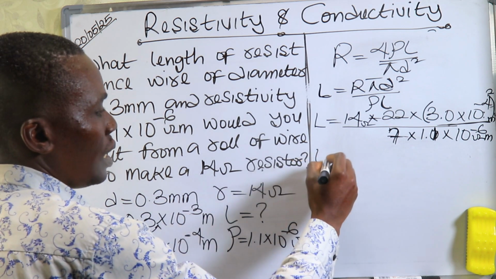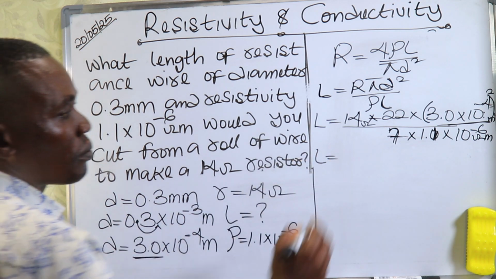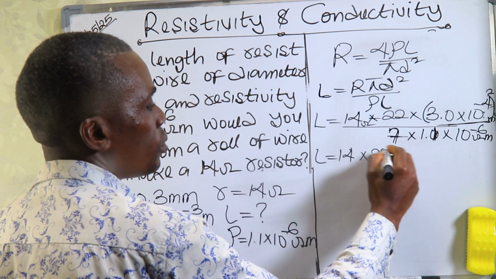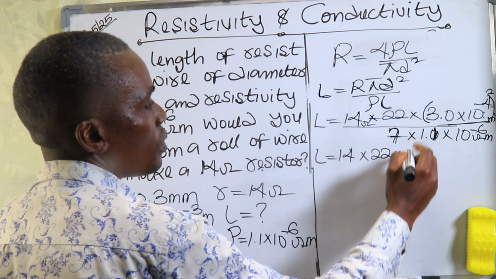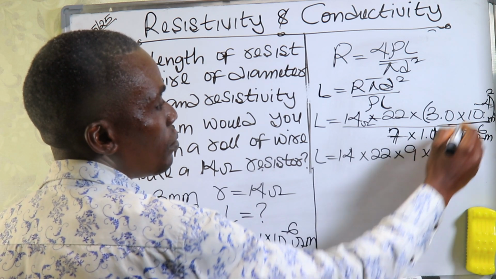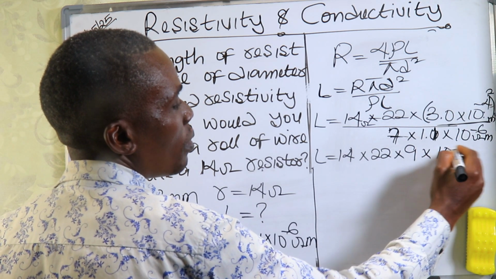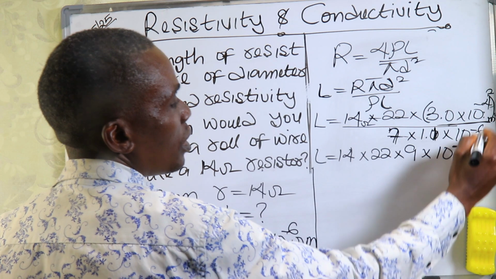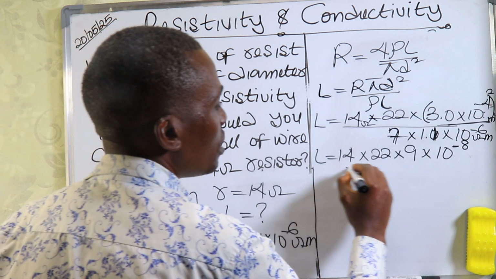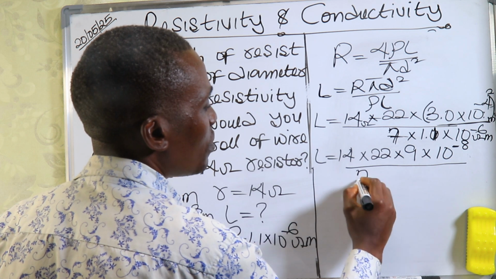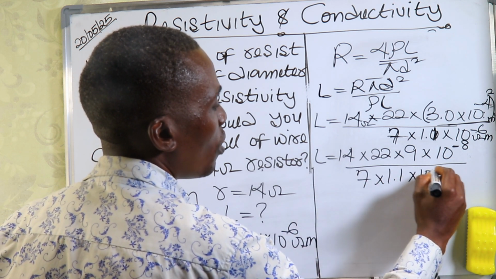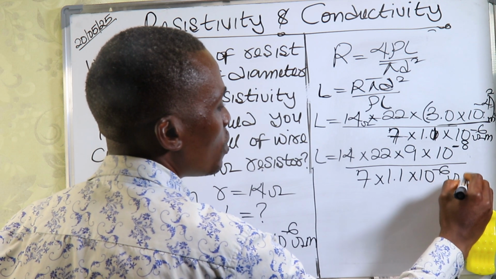So we will get our length equal to 14 times 22 times 3 square, which gives 9, times 10 to the power of minus 8, because minus 4 times 2 gives minus 8, divided by 7 times 4 times 1.1 times 10 to the power of minus 6 ohms meter.